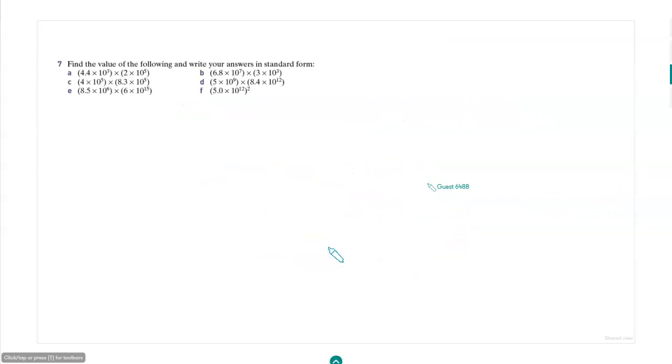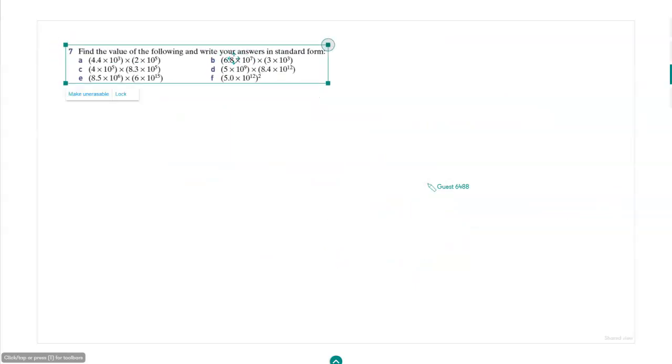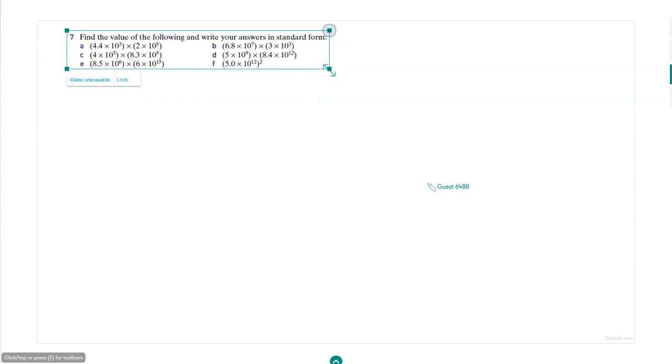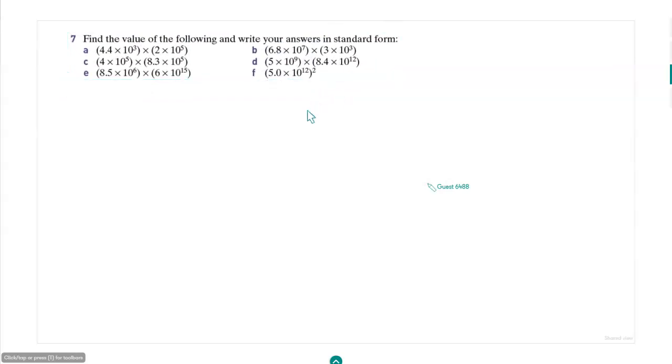Okay, then find the value of the following and write your answers in standard form. This is not that interesting. Actually, the next problem is more interesting. Let's try the first one. See, when you multiply, you don't really need to convert them into numbers first.